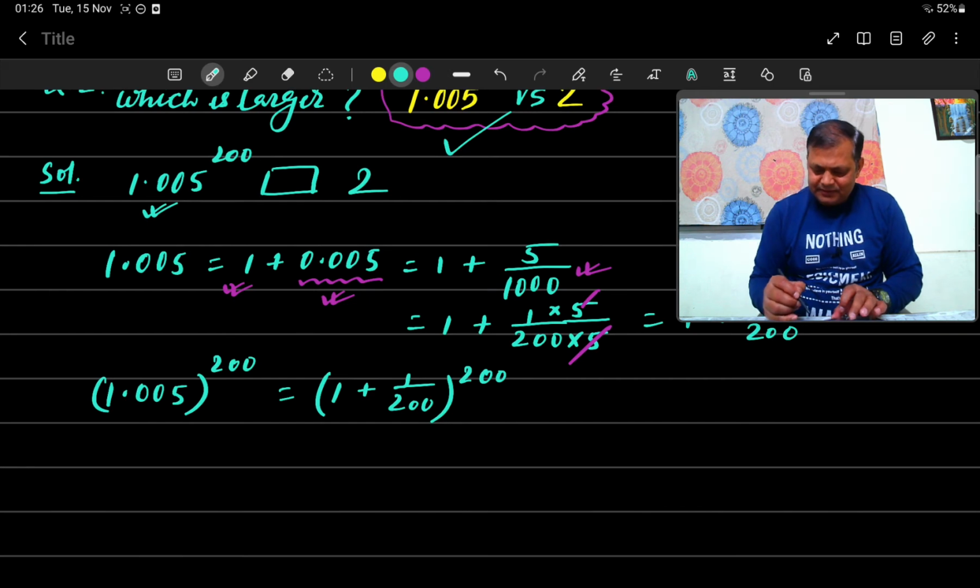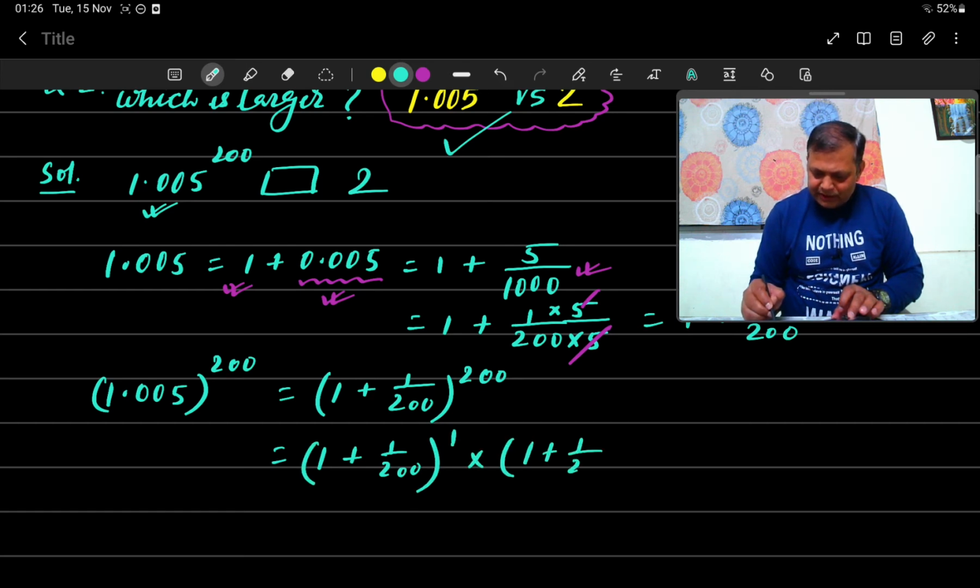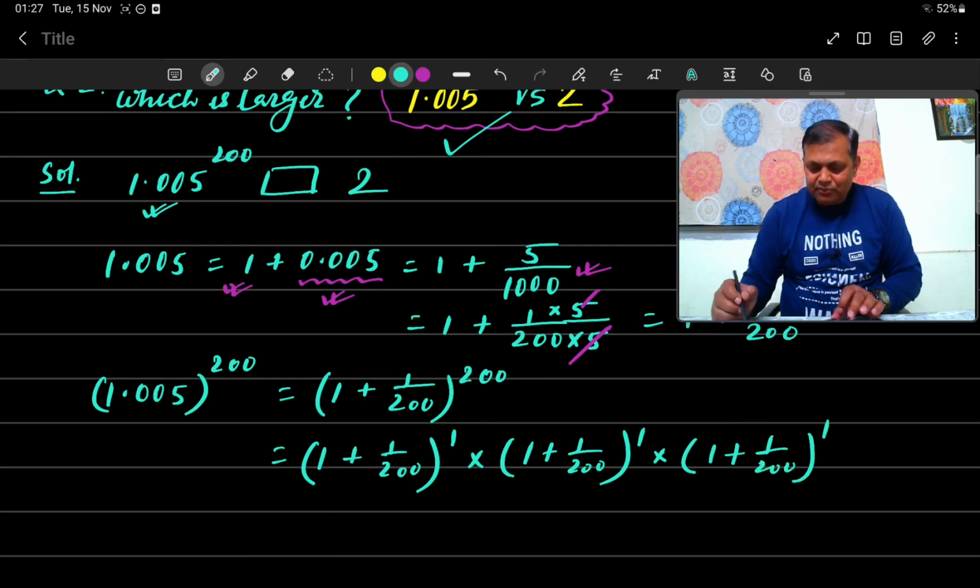Now you can expand this term: (1 plus 1 by 200) multiplied by (1 plus 1 by 200) multiplied by (1 plus 1 by 200) and so on, up to (1 plus 1 by 200).